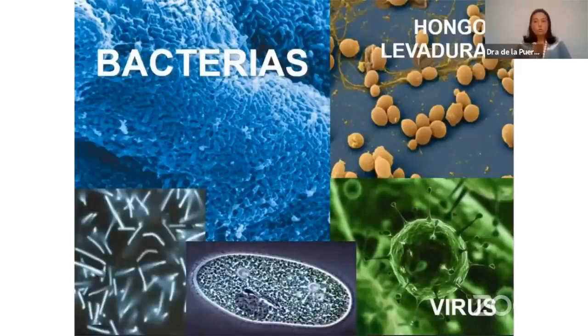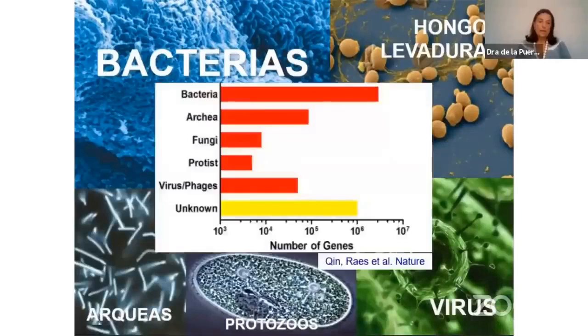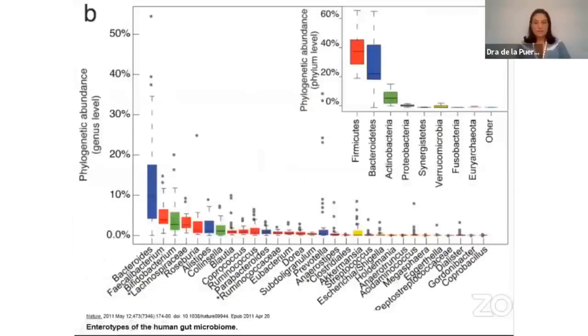Phages are the viruses that infect bacteria, protozoa, and archaea. The most important quantity of microorganisms is clearly bacteria, followed by archaea, fungi, yeasts, protozoa, and viruses and phages. But what we have the most clearly are bacteria.